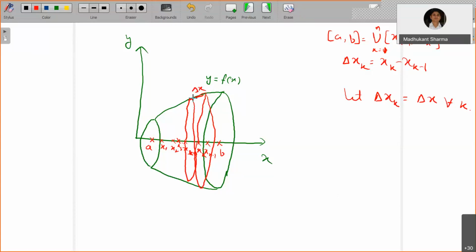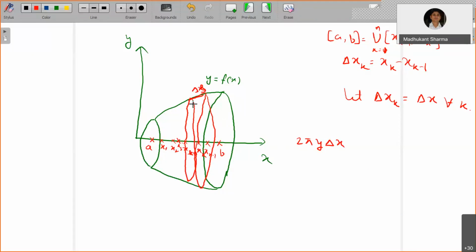Now, if you recall, the surface area of the cylinder is 2 pi r h. The radius is y equals f of x, so that is going to be 2 pi y into h. Sorry, h is not delta x; it is going to be some delta s.